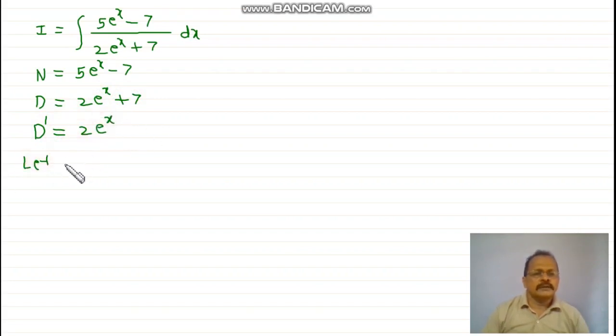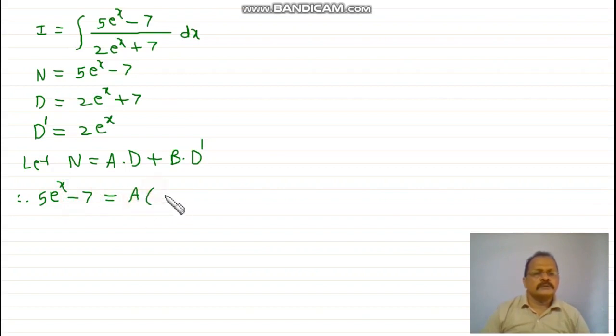Let the numerator be equal to some constant a times the denominator plus another constant b times the derivative of the denominator. Therefore, 5e raised to x minus 7 is equal to a times (2e raised to x plus 7) plus b times 2e raised to x.